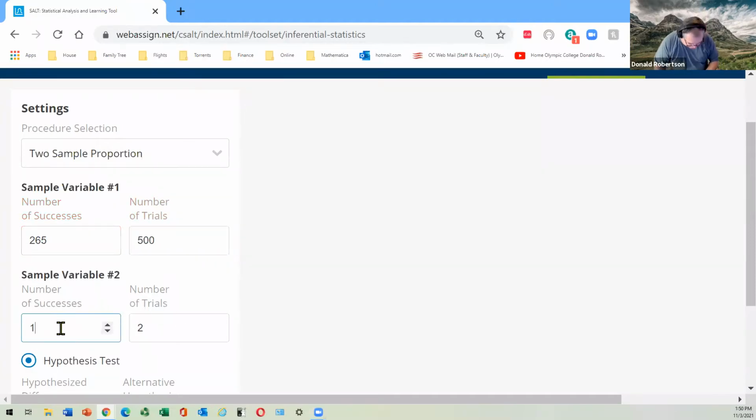Sample two was the later in the day guys, and that was 245 out of 500. Okay, let me pause there. Are you happy? Population one, population two. You happy where I'm getting these numbers from? Right? That there is basically the 53% out of 500 in the morning, and that's the 49% later in the day.